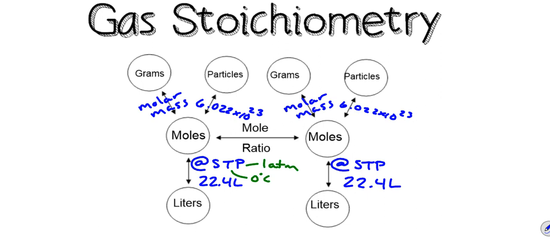So the only value that changes from one unit to another, or one label to another, is mass. If it's particles, it's always Avogadro's number, and if it's volume, add STP, it's always 22.4 liters. Okay? If I'm going too fast, you can definitely pause this right now. But we are going to move on.